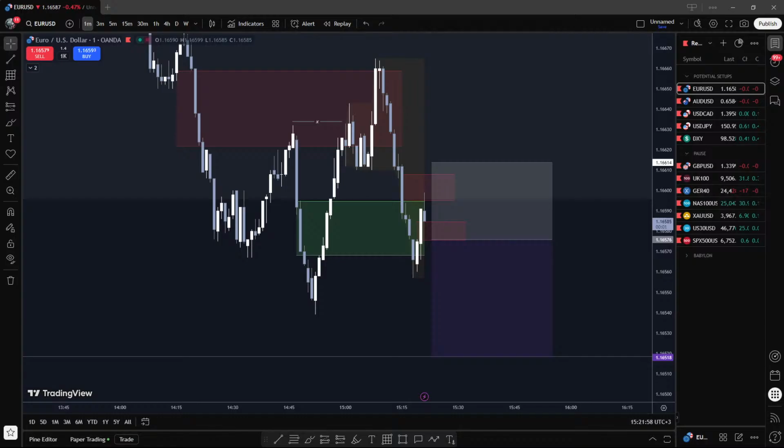A very good start, though. We can almost take it. We have 30 seconds for the candle to close below, and I'm taking it.